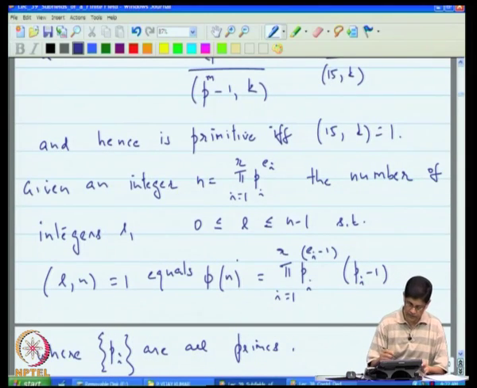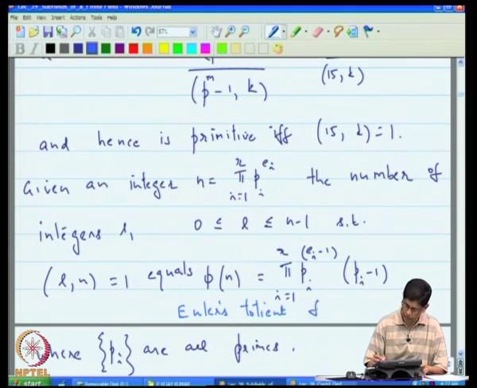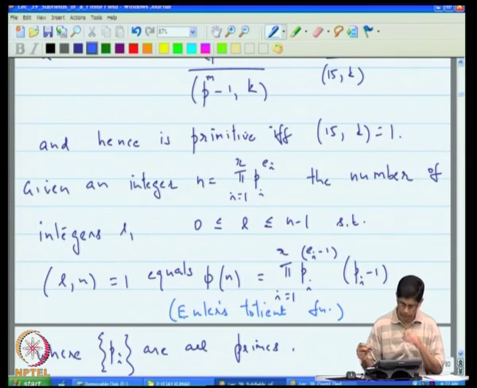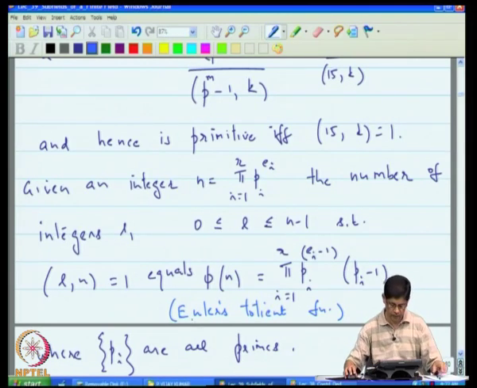Equals, and this function here is called Euler's totient function. So this is just a formula.